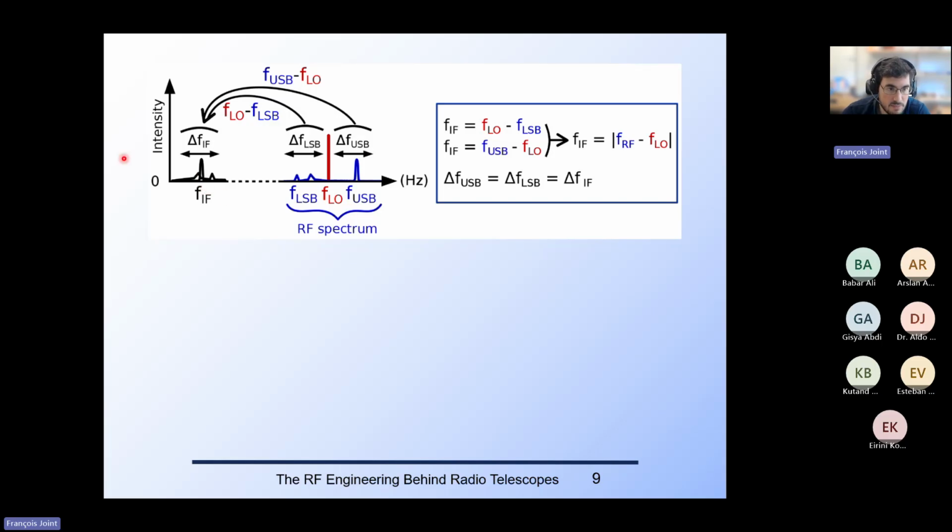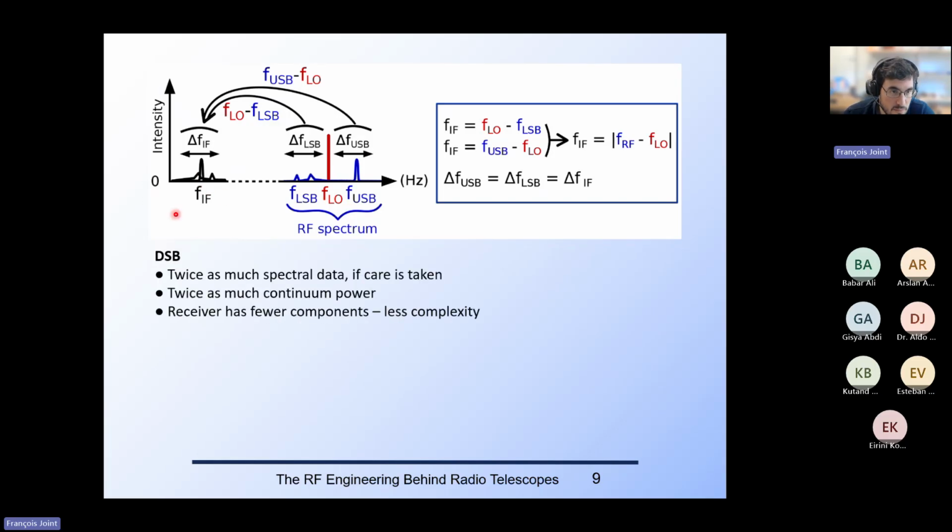We have two types of heterodyne mixers. The most common and the most simple is a double sideband heterodyne mixer. In the DSB scheme, the upper and lower sideband will be overlaid around the intermediate frequency signal.